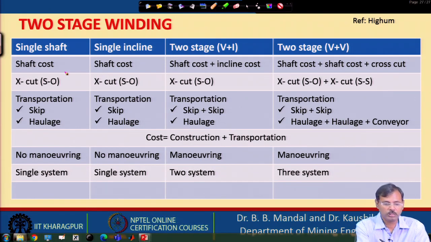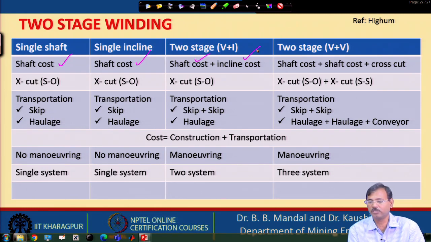So, this cost comparison is the shaft cost for a single incline, for two stage vertical plus incline, the vertical shaft cost, incline shaft cost, and vertical and vertical, which is the compound shaft condition. This is a vertical shaft cost, and this is the cross cut cost between the two vertical shafts, as we have seen in the previous case.